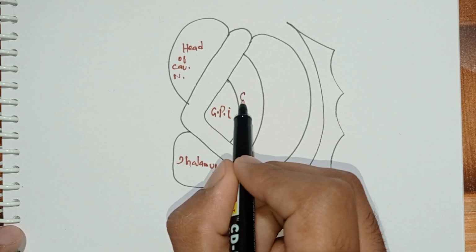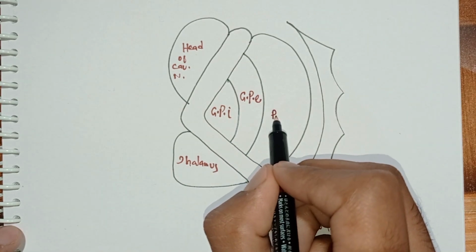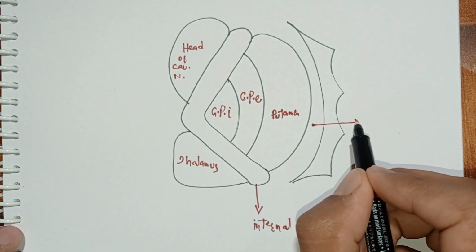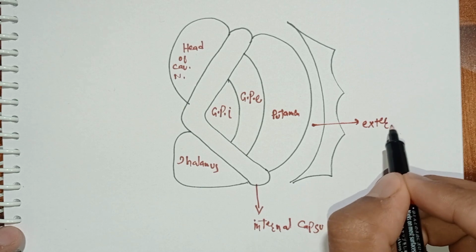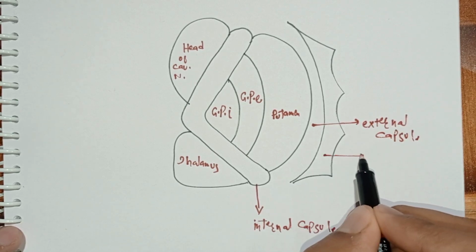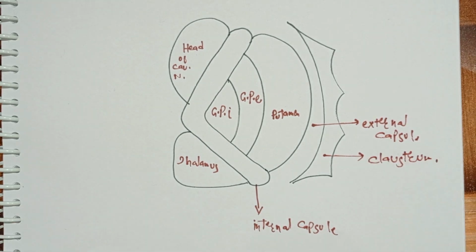This part is also globus pallidus, but it is globus pallidus externus. This part is putamen, this is external capsule, and this is claustrum. So these are the different parts in this diagram.